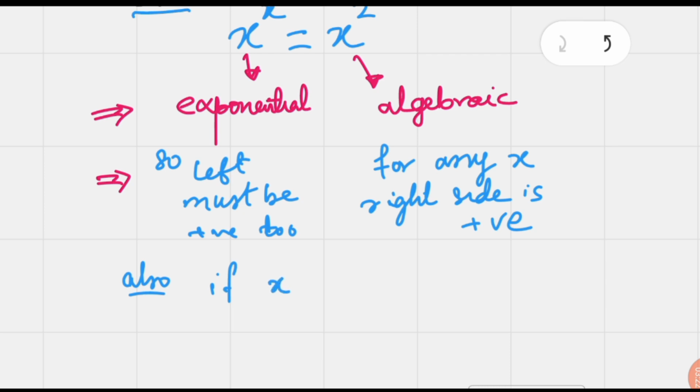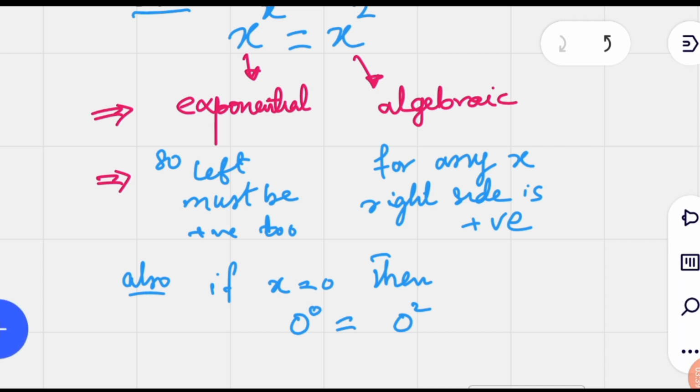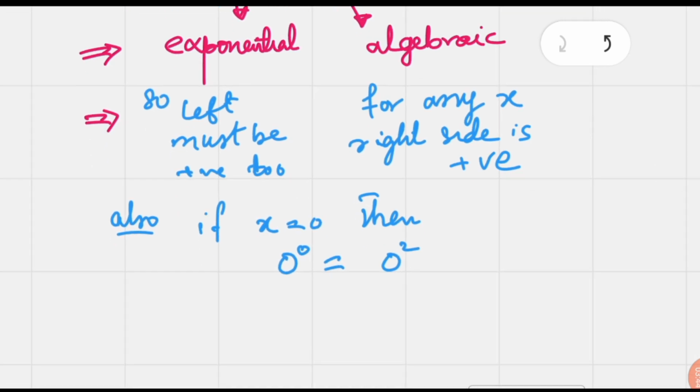Another restriction on the solution is that if we insert x equals 0, notice on the right side we have 0 to the exponent 2, that is 0 squared. But on the left side, it is 0 to the exponent 0, and 0 to the exponent 0 is undefined.